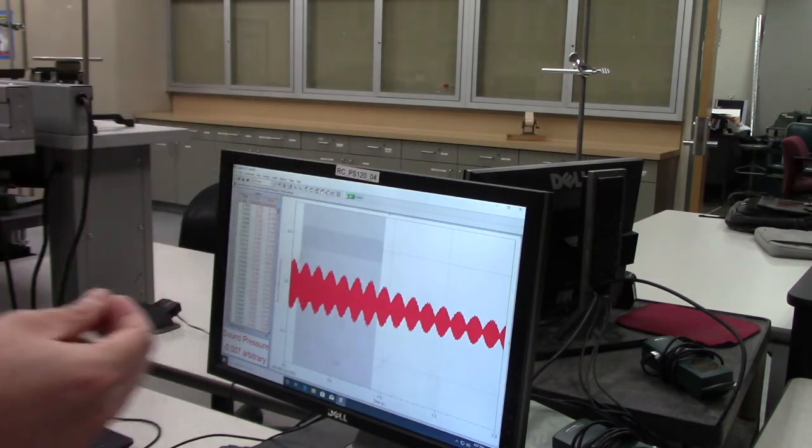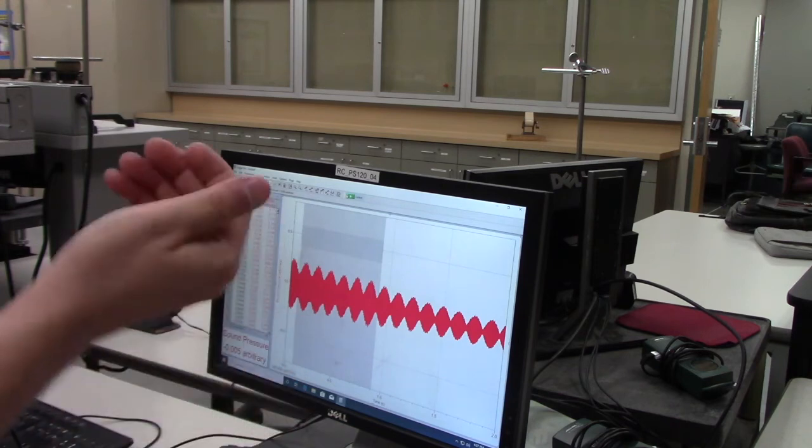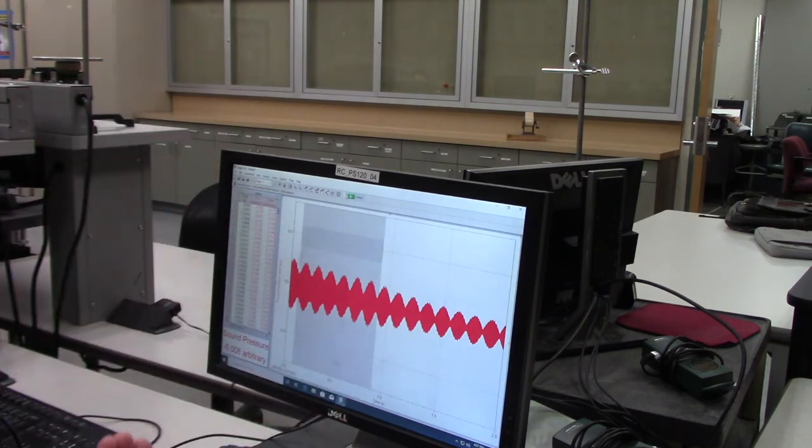So what we want to do is calculate the beat frequency. The way we're going to do that, just like before, is I'm going to go to one peak, and then I can just drag over and see how much time passes until I get to the next peak. That would be a period. But instead of just doing one period, like before, we're going to average over 10.